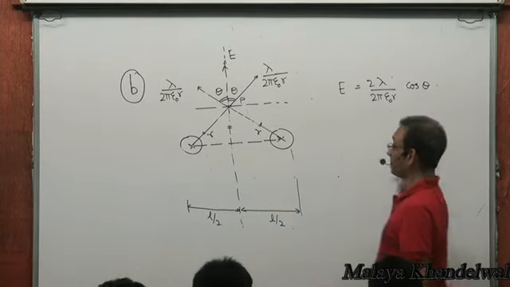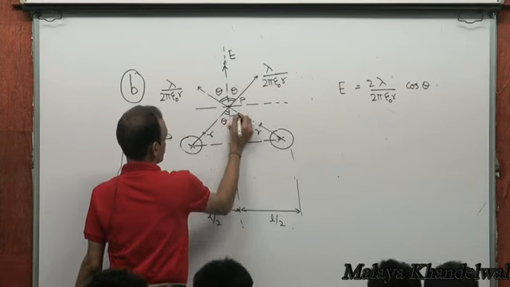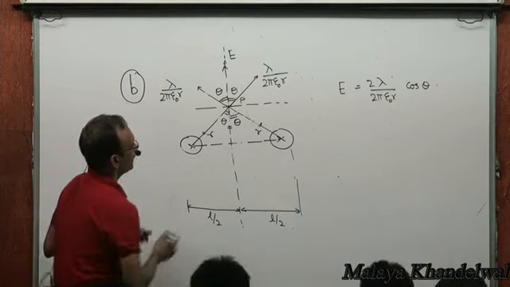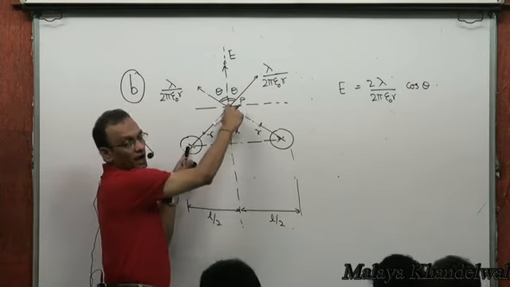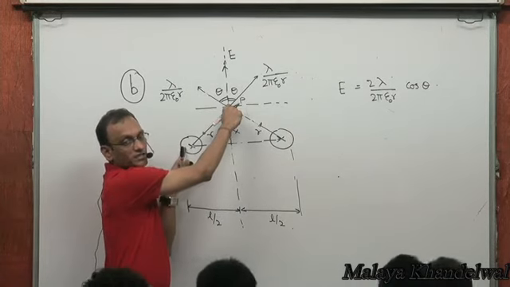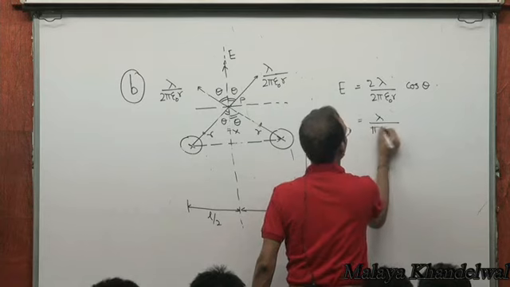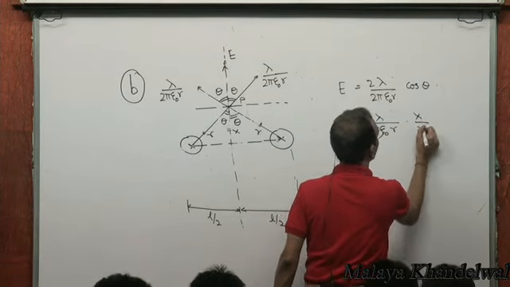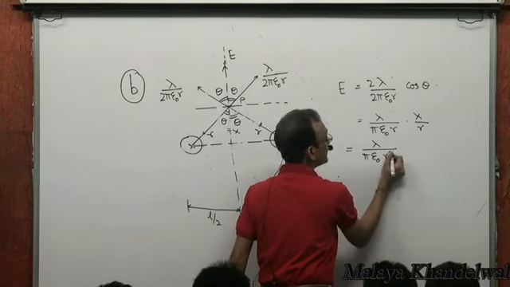Now this is theta. These are also theta. And this distance was x. So cos theta is going to be x by r. So lambda by pi epsilon naught r squared into x.